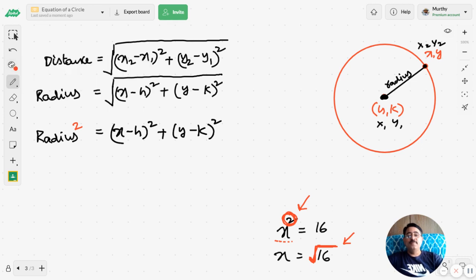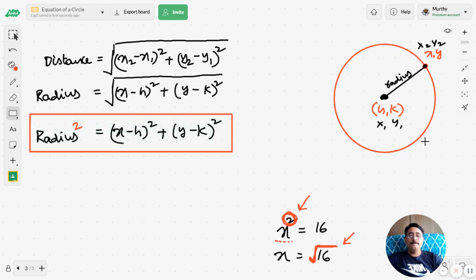Again, I'm taking square on the left hand side in order to cancel out the square root on the other side. Now, this is the second rule. This point is to be remembered.